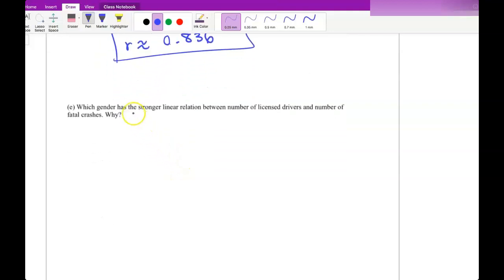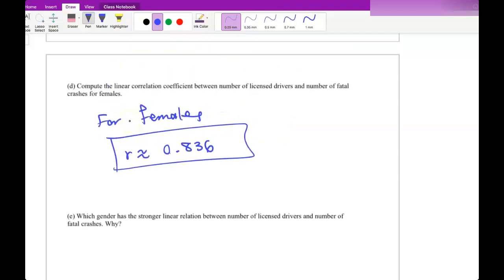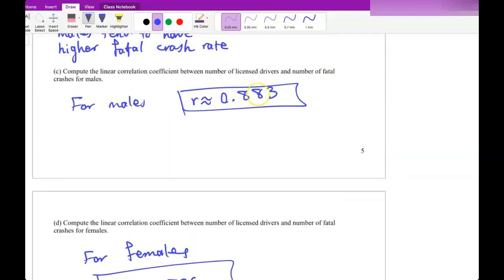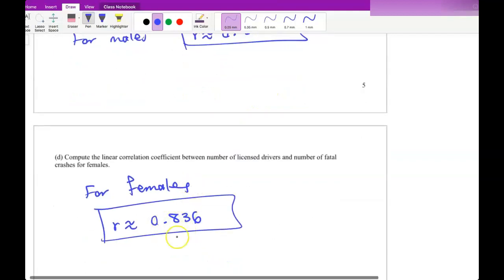Part E, which gender has a stronger linear relation between number of licensed drivers and number of fatal crashes? Why? So obviously males, because this one is higher than what we have here for females.